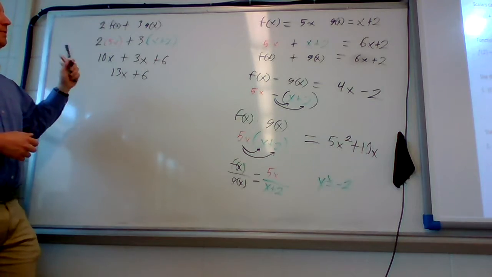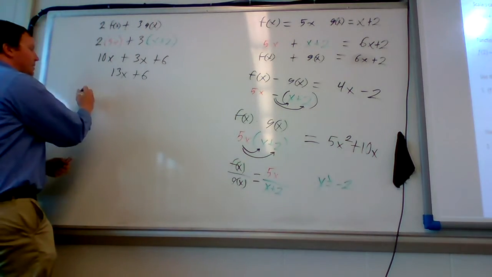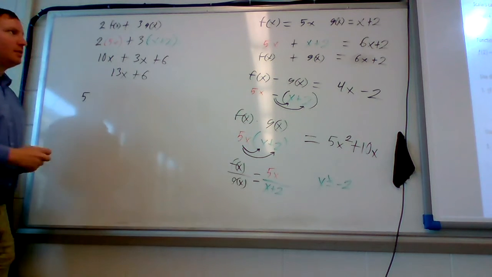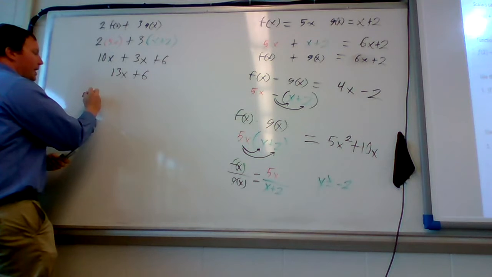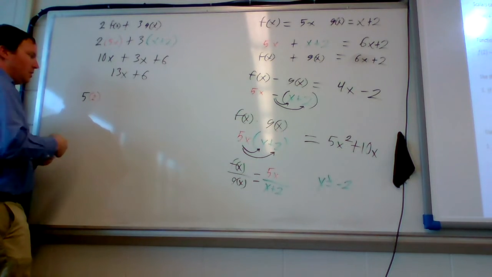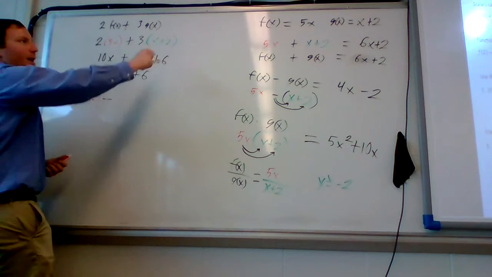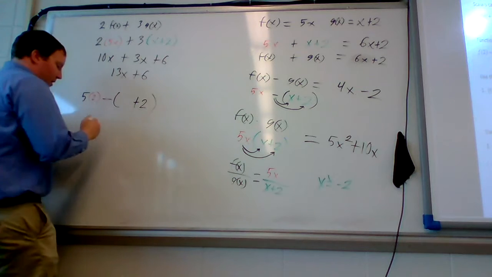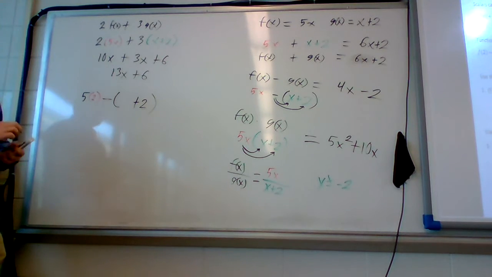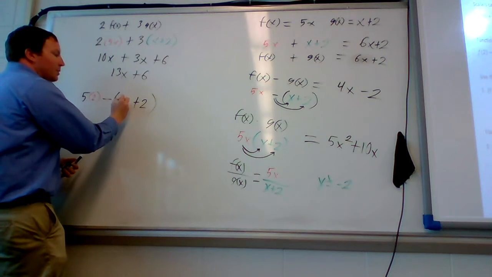So they're taking the function f of x, 5x, and instead of putting an x there, they're saying plug in the value of 2. So we have 5 times 2 minus the function g of x, which is x plus 2, and again they're replacing that x with the value of 2 as well.